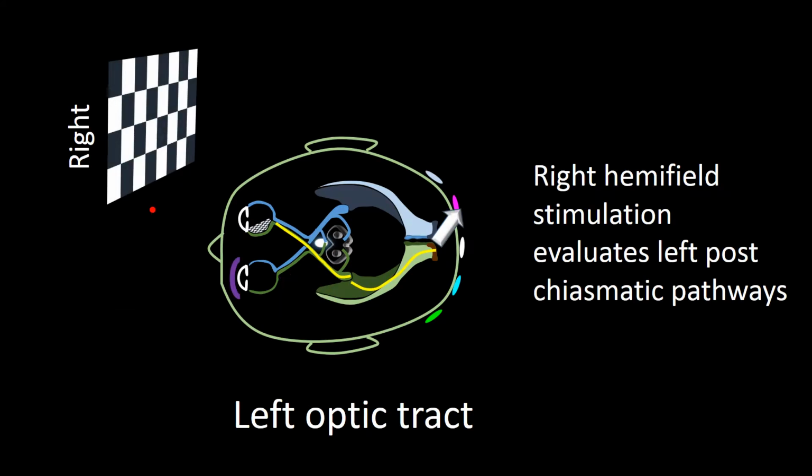The right eye right visual hemifield stimulation evaluates the left postchiasmatic pathways. It activates the left occipital visual cortex and creates a field with a vector towards the right side.